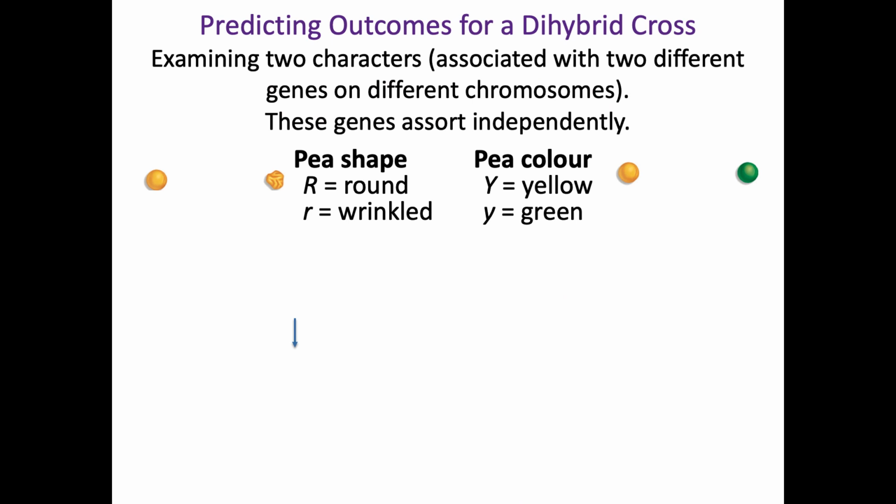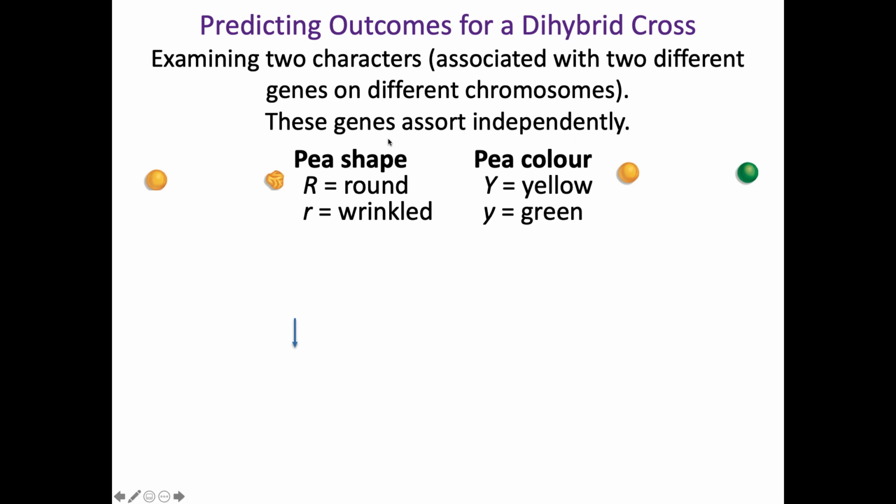What happens when you're dealing with more than one gene? For example, 2 genes, and you want to predict the possible outcomes in the offspring. Let's assume that the 2 genes are on different chromosomes and that those 2 chromosomes are assorting independently. And we'll work with different characteristics of the pea again.